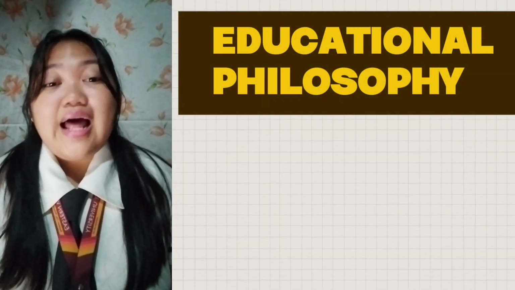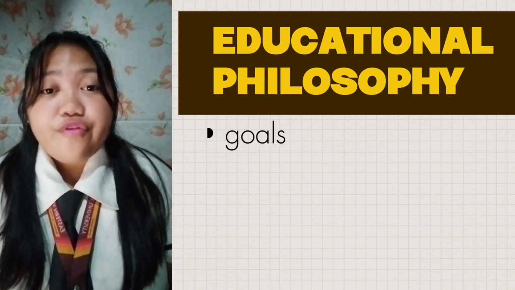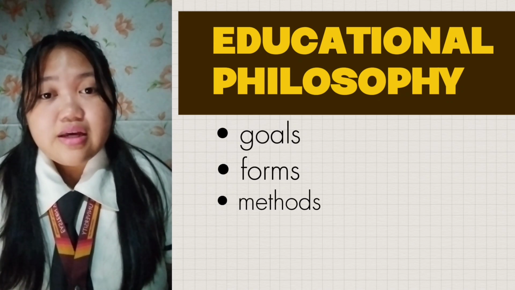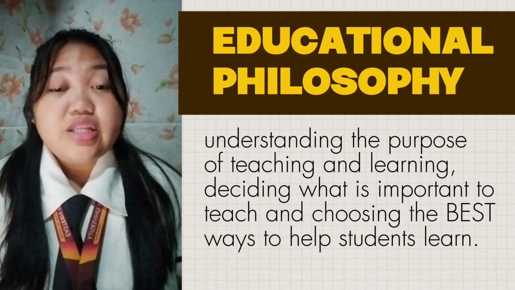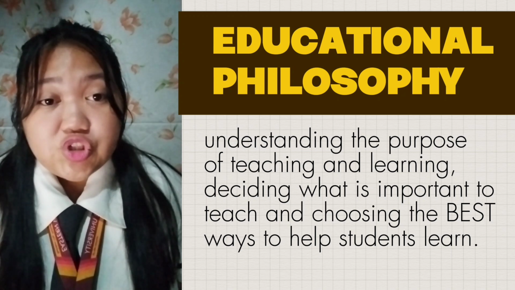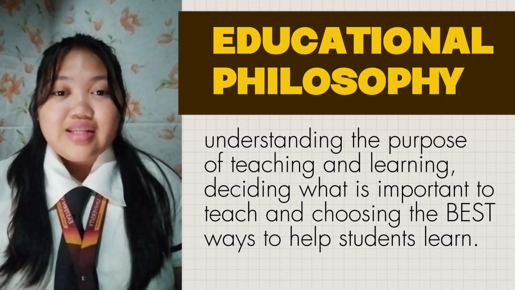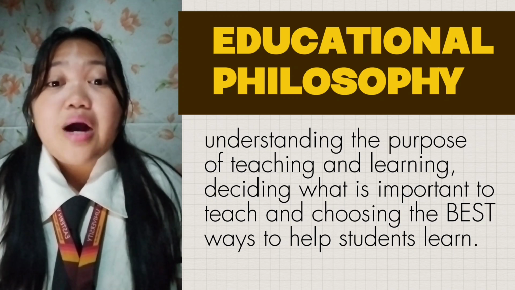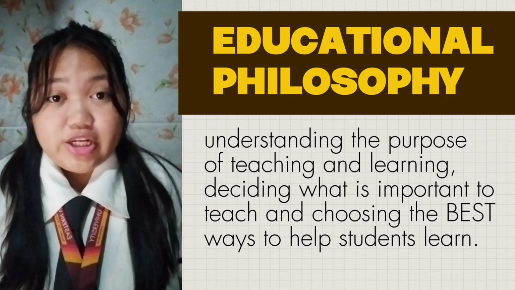In the educational aspect, philosophy of education examines the goals, forms, methods, and the meaning of education. It is basically about understanding the purpose of teaching and learning, deciding what is important to teach, and choosing the best ways to help students learn. In short, it is like a map that shows why we teach, what to teach, and how to teach it.